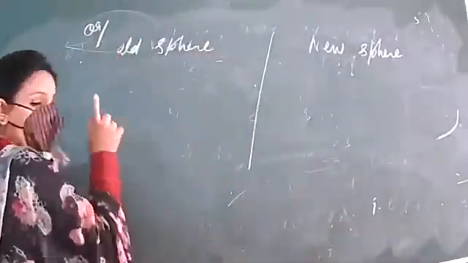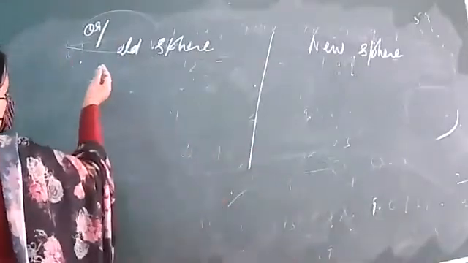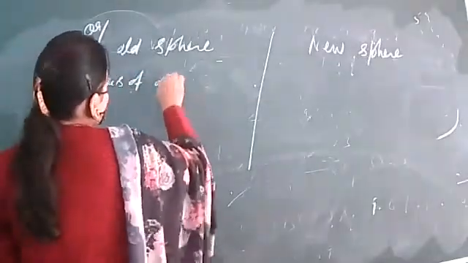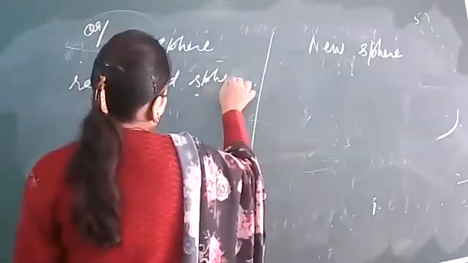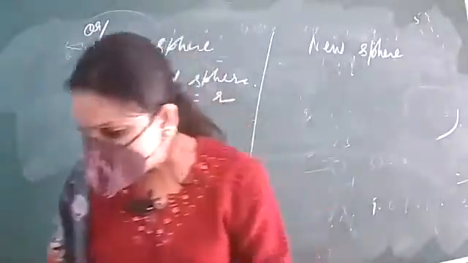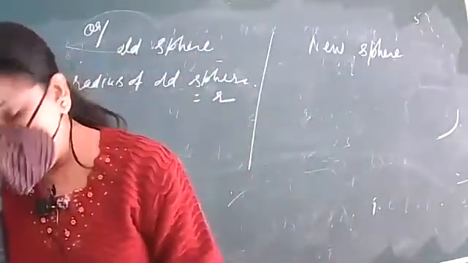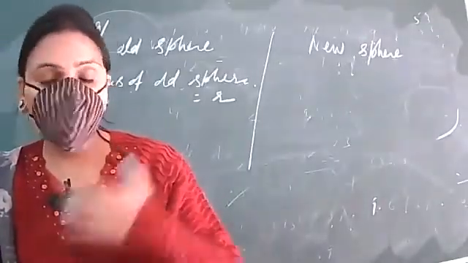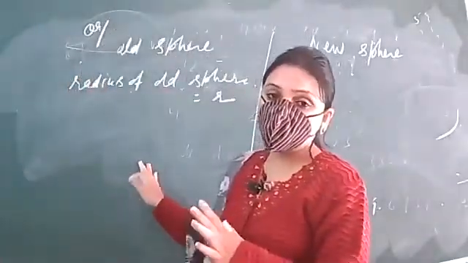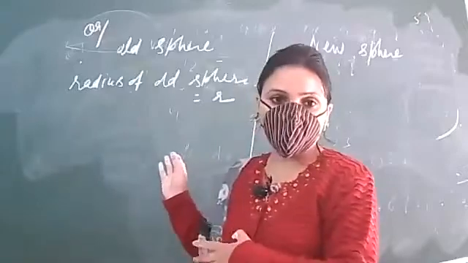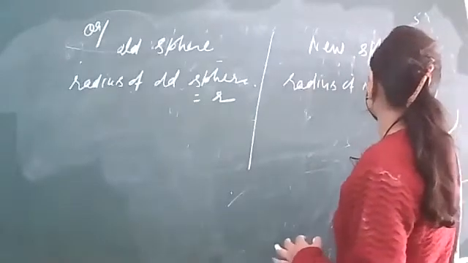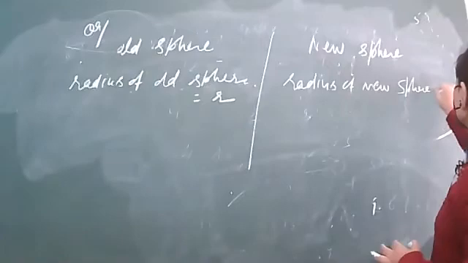So what he says, what is the radius of each old sphere? Let us write radius of old sphere is equal to r, right? अब ऐसे कितने स्फीयर जो हैं वो मेल्ट होके बने हैं, मेल्ट किया गया है एक नया स्फीयर बनाने में. 27 ऐसे स्फीयर्स हैं जिनको मेल्ट करके बड़ा स्फीयर बनाया गया. एंड हम लिख रहे हैं रेडियस ऑफ न्यू स्फीयर, एंड दिस इज इक्वल टू r dash.